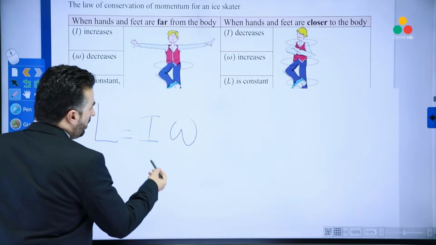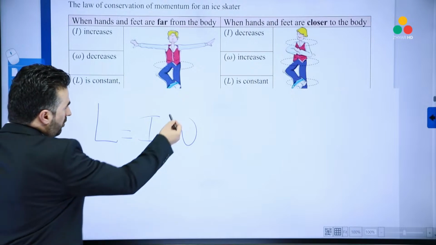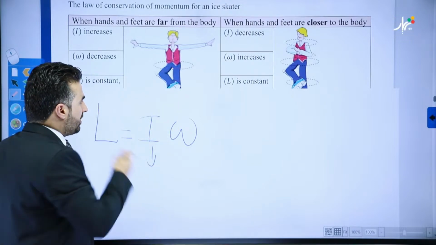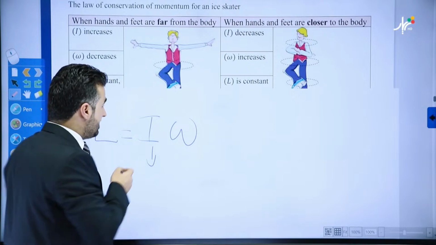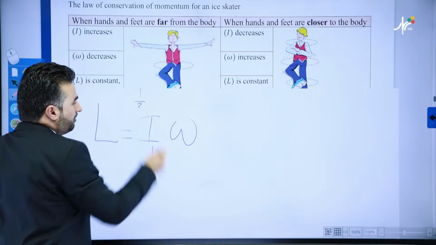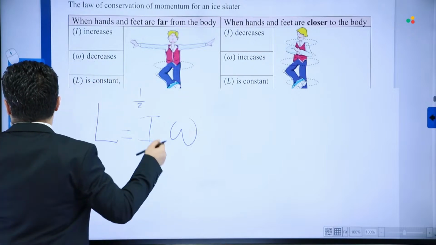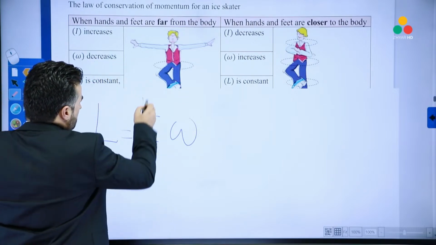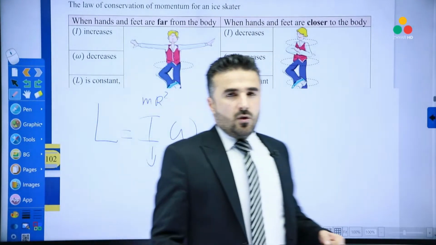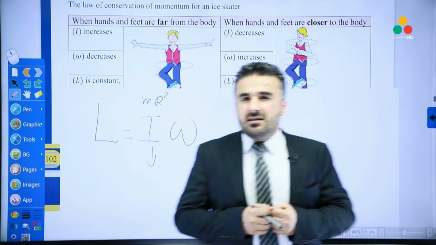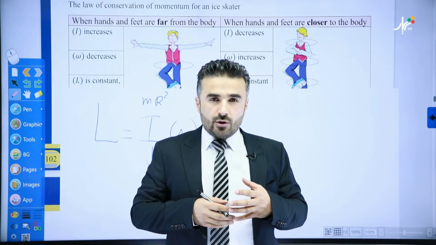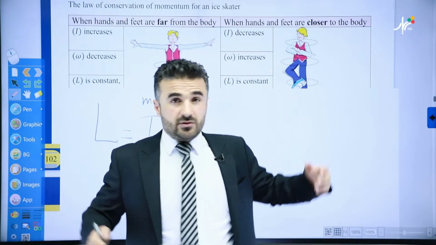So what happens when we extend our arms? Yes. So normally moment of inertia, let's say for a person, if we consider them to be a point mass, so that is going to be, let's just say, mass times the radius squared. All right. So what happens when we extend the mass, or put the mass far from the center of rotation?